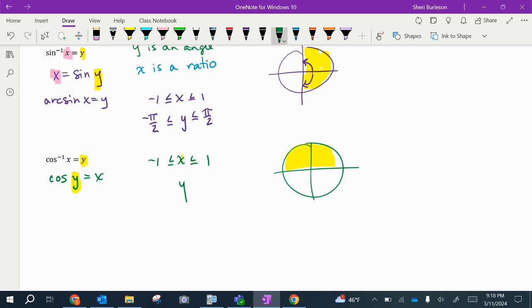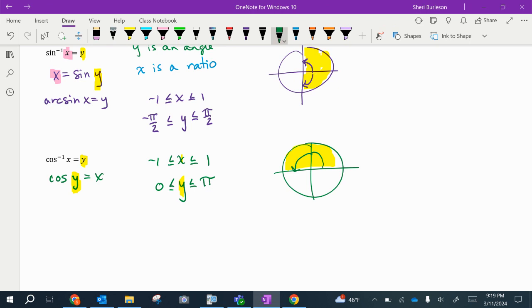So the angle that I'm going to get out of my inverse trig function is going to be between 0 and pi. So 0 to pi over 2 is going to get me quadrant 1, and then to pi is going to get me quadrant 2.